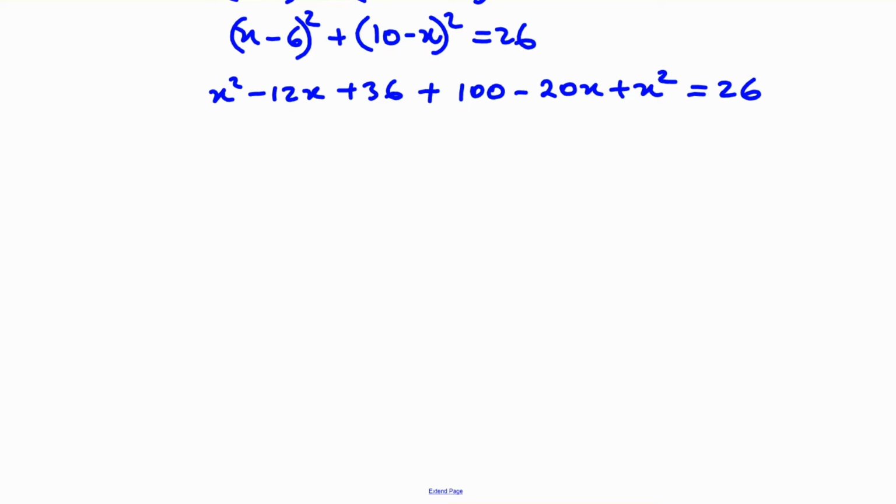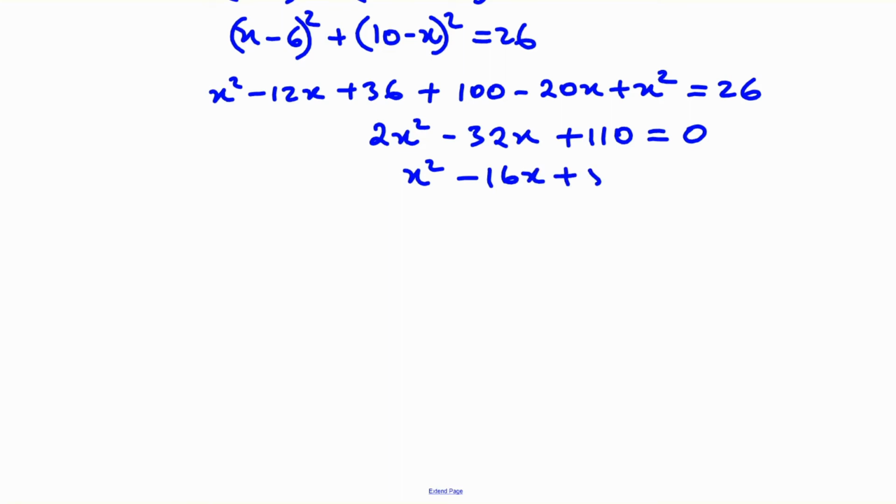If you bring everything to the left, hold on, I missed something. Yeah, okay. So if you bring everything to the left and simplify the resulting expression, you'll end up with 2x squared minus 32x plus 110 is equal to 0. And this is the same as x squared minus 16x plus 55 is equal to 0.